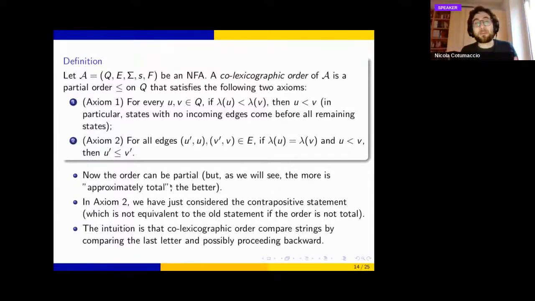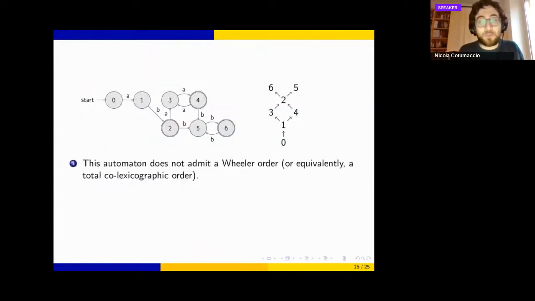Letting the order be partial is basically what Travis was saying before. If the order is partial, I'm allowing some edges to cross. I say I don't care about some edges crossing. But from an algorithmic, from a computational point of view, we will see that the closer the order is to being total, the better. So just a very quick example. Consider the automaton in the figure.